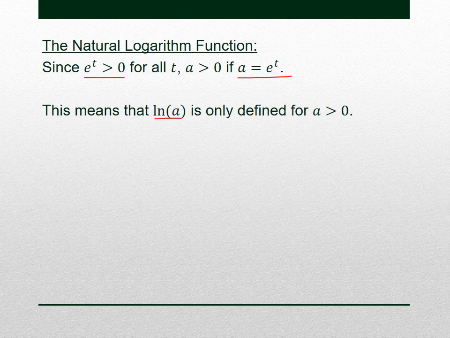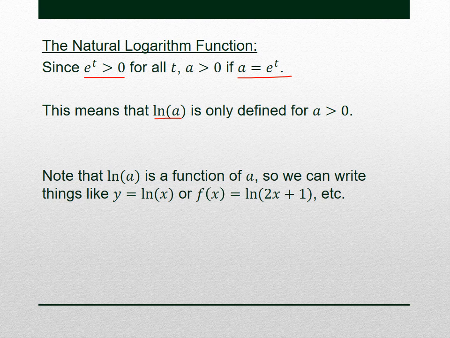So you can't have natural log of 0, and you can't have natural log of negative numbers. You can only plug in positive numbers. Of course this is a function, natural log. So we can say y is natural log of x, or natural log of 2x plus 1. Eventually the goal is to start looking at the derivative of things like this. That'll come at the end of chapter 4.